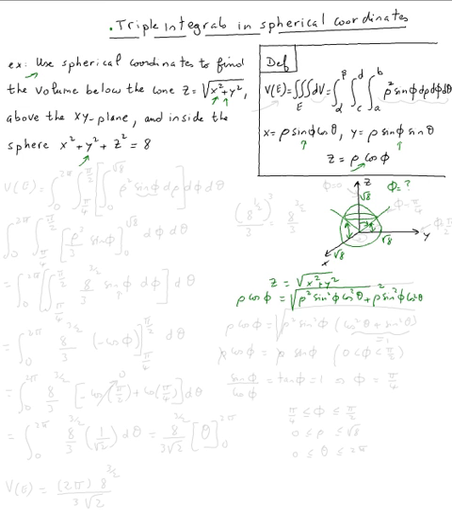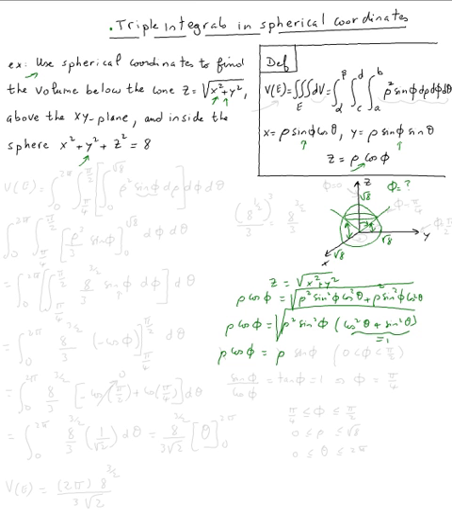And I want the square root of all that. Now I notice that I can factor out rho squared sine squared phi. And if I do that, I'll get cosine squared theta plus sine squared theta, which I know is equal to 1. So the square root of rho squared is rho because rho is positive.